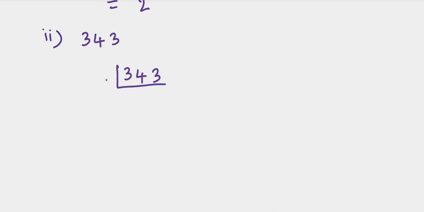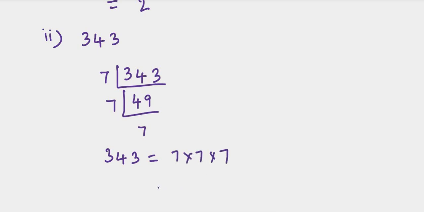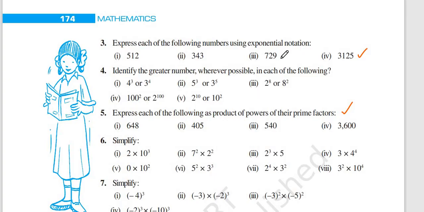Next go for 7 table. 7 49, so 7, 7. So 343 is equal to 7 multiplied by 7 multiplied by 7. That is equal to 7 cube. 7 cube is the exponential form of 343. Next question number 3, 729.